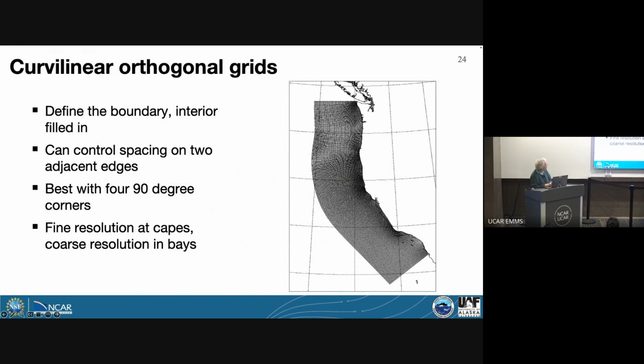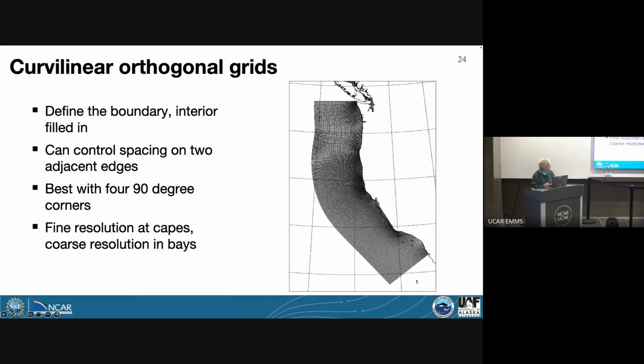Here's an example of a curvilinear orthogonal grid. You start by drawing the outer boundary of the grid, and then the interior gets filled in by your gridding method. You can control the grid spacing on two adjacent edges with this particular code.